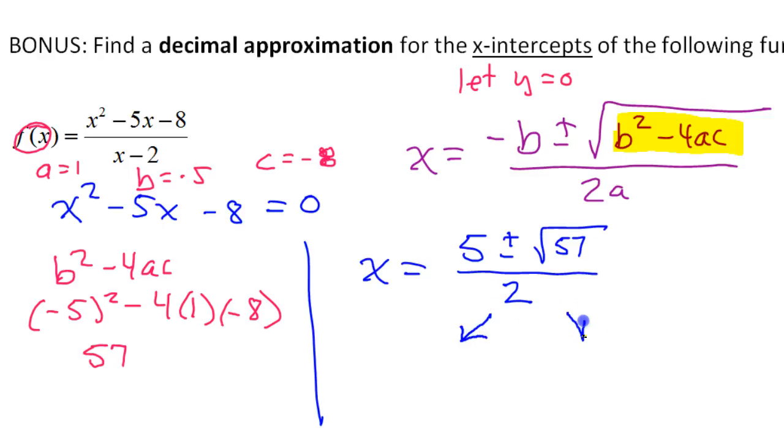Let's turn this into decimals by putting this into the calculator twice, once as a positive and once as a negative.